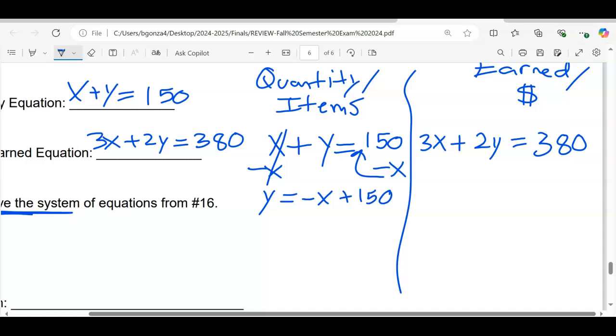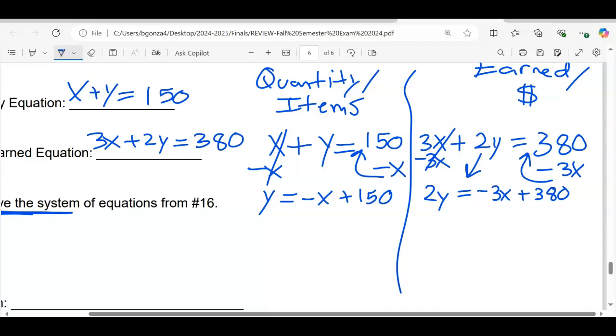Sorry about that. There is no coefficient. We're going to get rid of this positive 3x by subtracting 3x and putting it in front. Bring down 2y equals negative 3x goes first, plus 380 goes second.